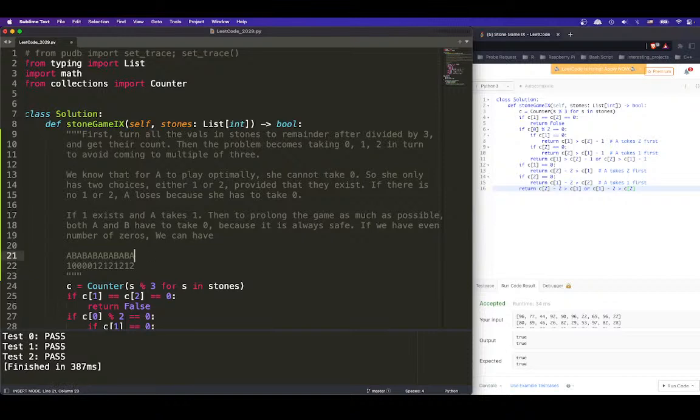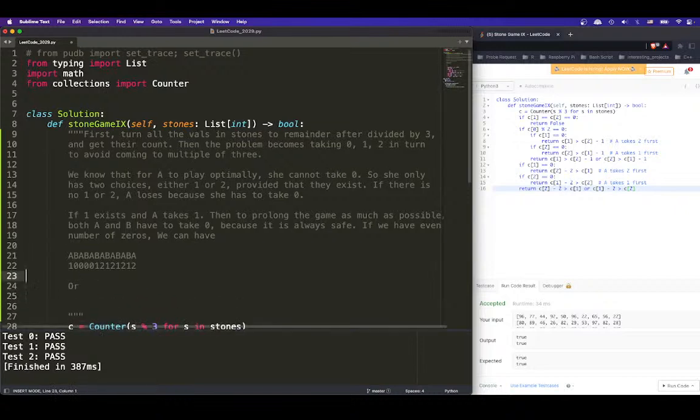All right. Or B takes 1, then A takes 0. All right. And then A has to take 2, and then this.